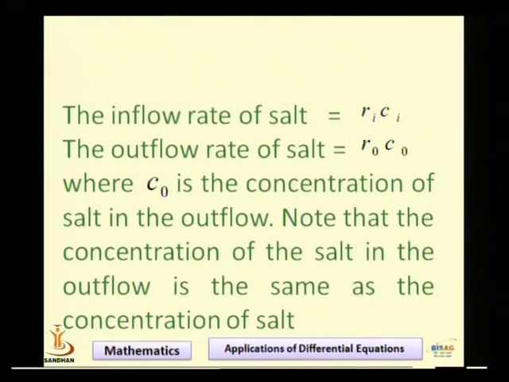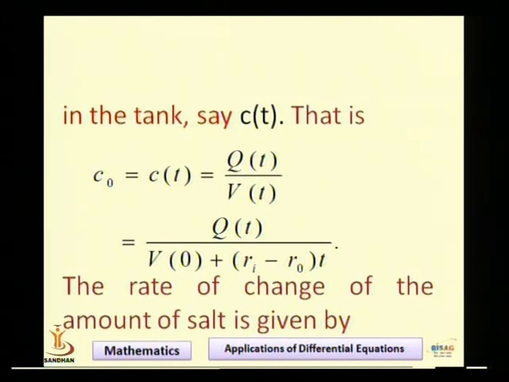That is why, if I write C naught is equal to C of t, then that will be Q of t upon V of t, the amount of salt by total volume. That is equal to Q of t divided by V of t, and V of t is V of 0 plus (Ri minus R naught) into t.